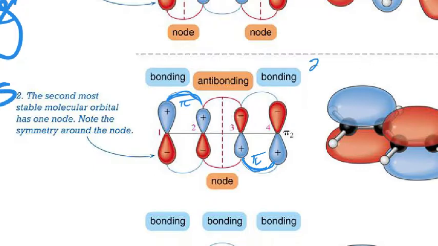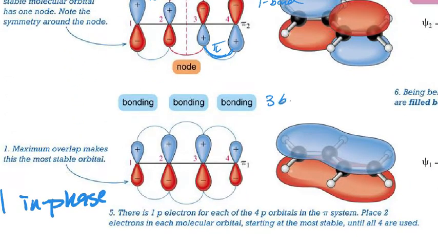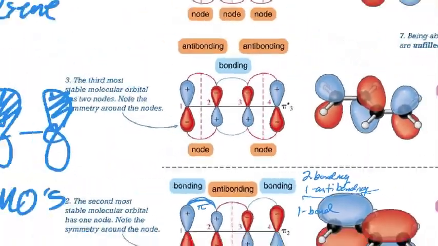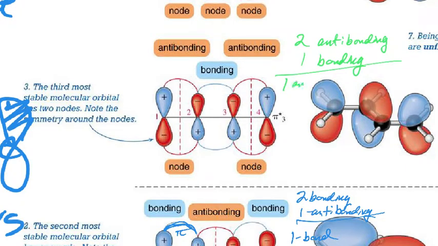So there's two bonding, one anti-bonding, for really a net of one bond. Whereas here we had three bonding. We go to the second one, and now we have 2 anti-bonding, 1 bonding, for a net of 1 anti-bonding.